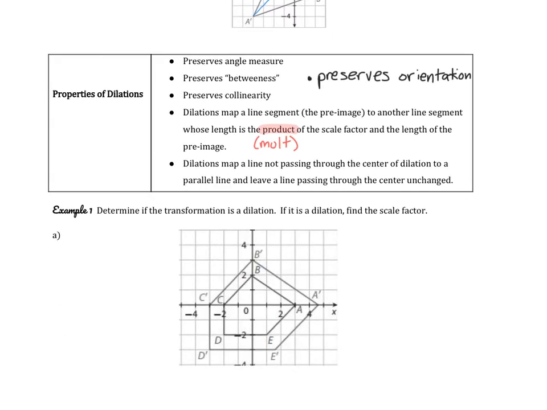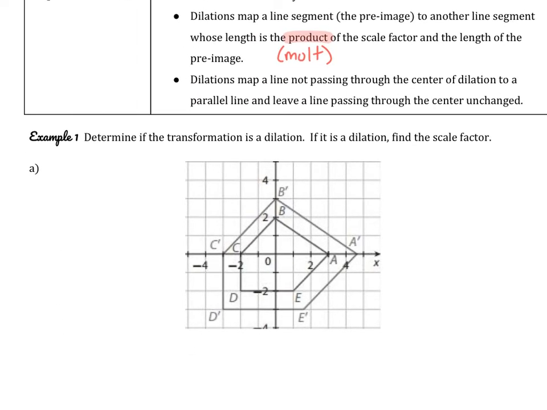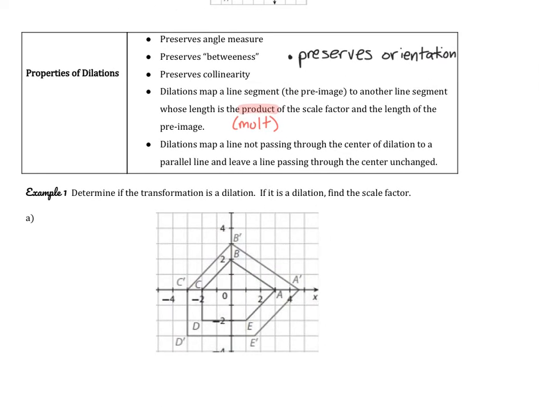Okay, so now let's look down here at example 1. Here we're asked to determine if the transformation is a dilation. If it is, then we're going to find the scale factor. So we can go down this checklist. All of the angle measures are the same for the corresponding angles. I can see here that A is equal to A prime, B is equal to B prime, and so forth. The betweenness is preserved.